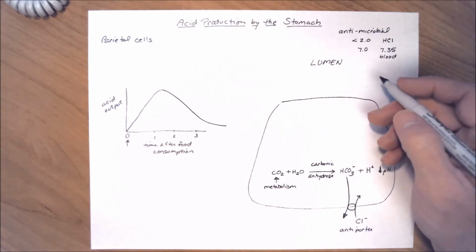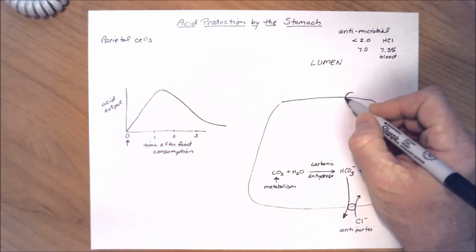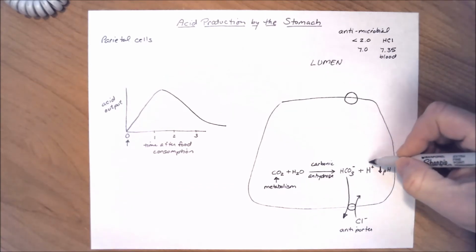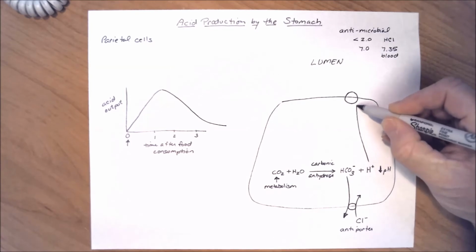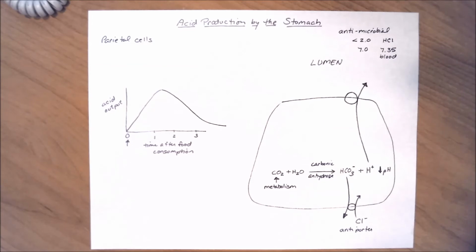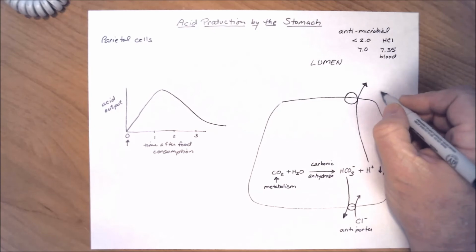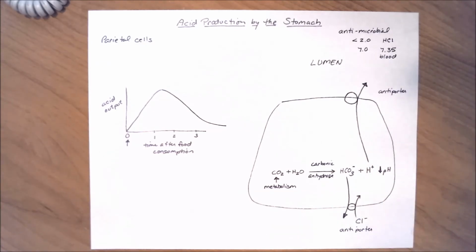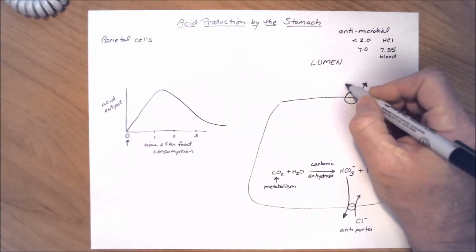This needs to be a rapid and efficient process, so we are going to place a transporter on the apical surface facing the lumen, and these protons are going to be transported into the lumen of the stomach. This transporter is also an antiporter, which means that it has an obligate ion that is going to be transported into the cytosol of the parietal cell.